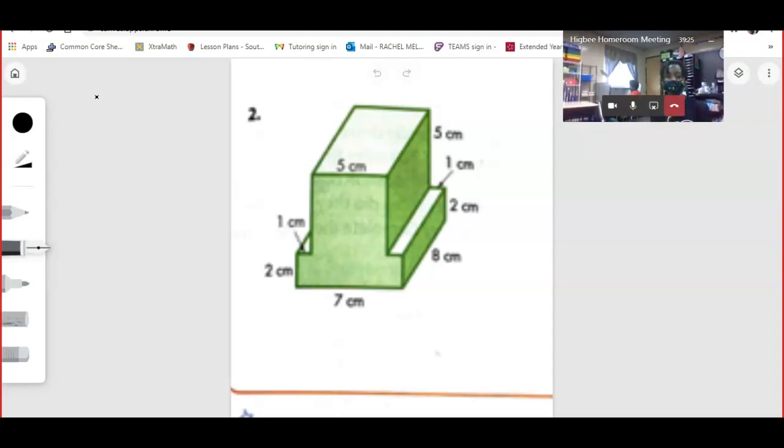Now, if I really, really wanted to, I could cut it here and here, but that would give me 1, 2, 3 shapes that I'd have to do. So I could do that, or I could cut it here and just have 2 shapes.